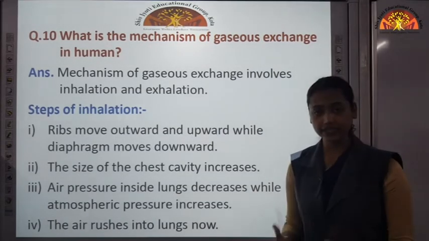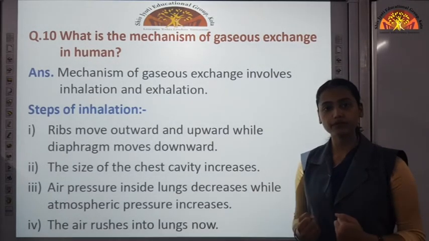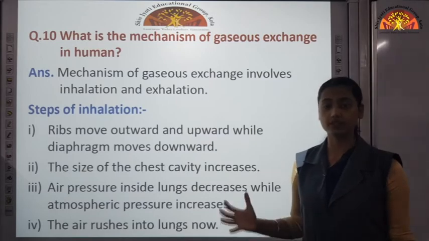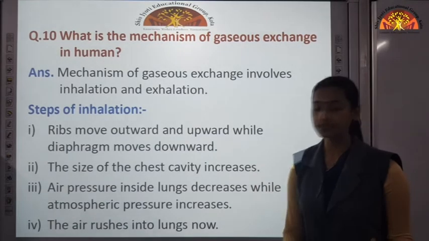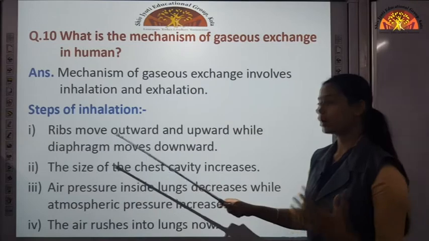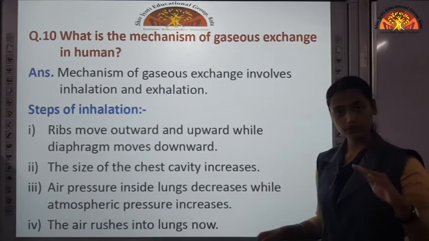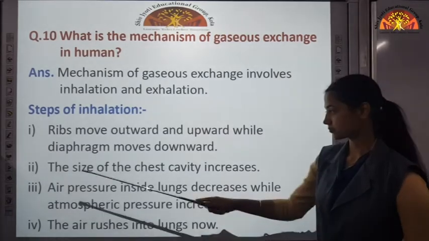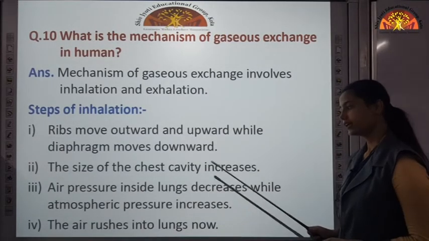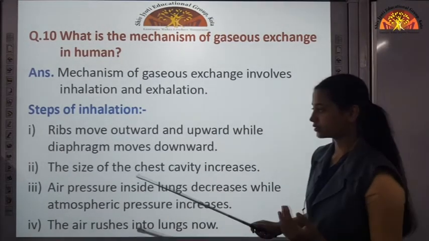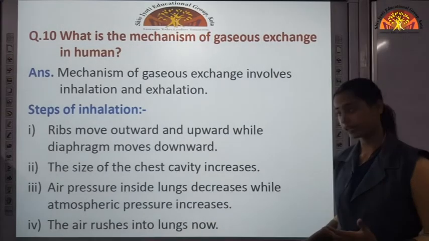When we are filling our body with air, we need more space. So to create more space, ribs move outward and upward, and diaphragm moves downward. So the size of the chest cavity increases and our lungs get filled with air.